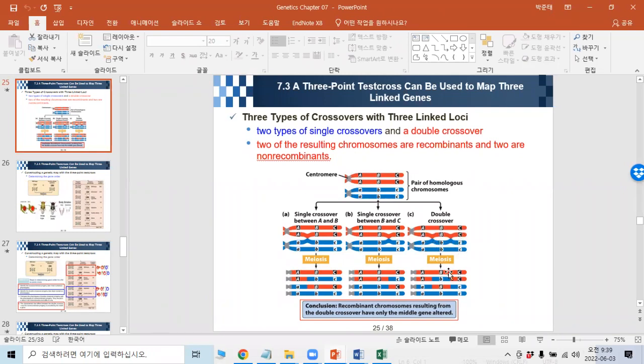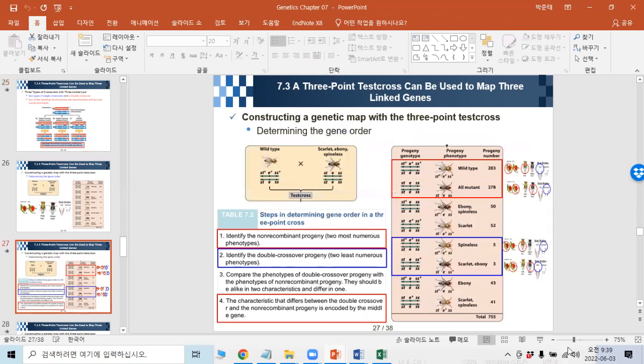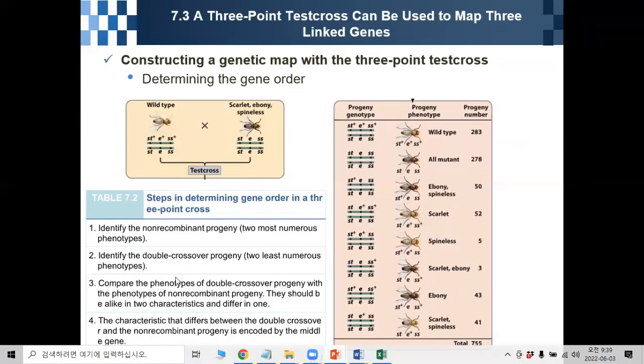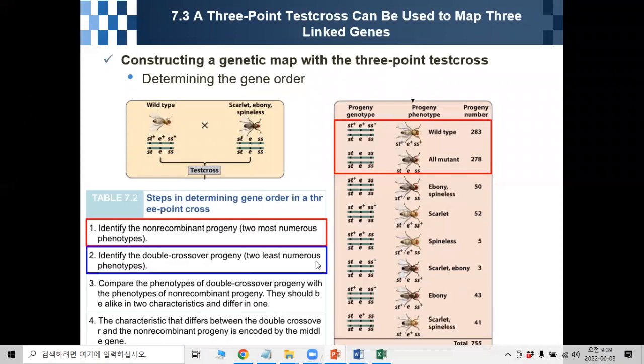Only the middle gene is changed. This concept is very important to solve this one. So to identify the double crossover, the smallest one is like this, and compare each other.